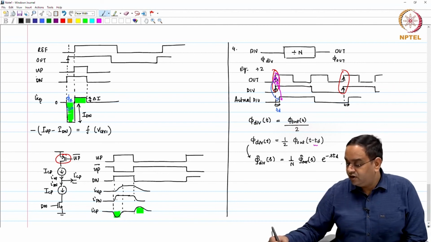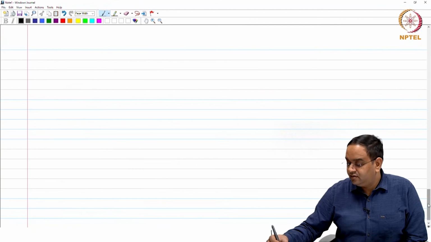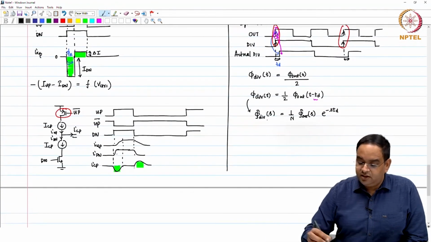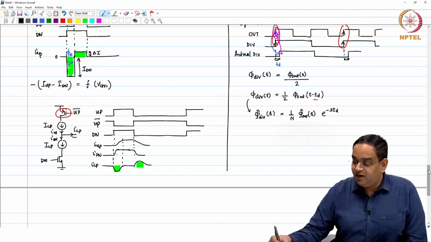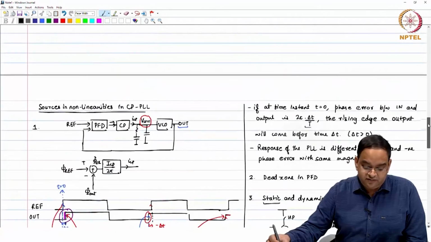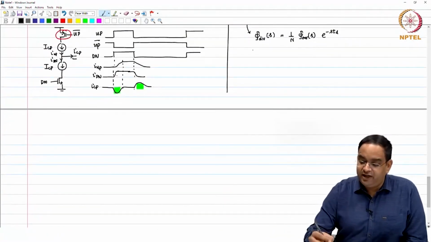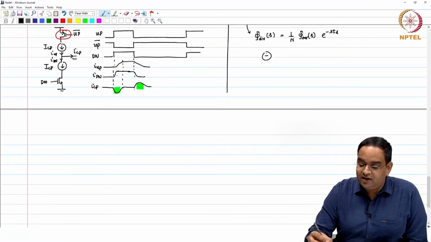Now, with this divider with a certain delay in the PLL, our PLL transfer function is going to be different. So, what will be the new PLL transfer function?